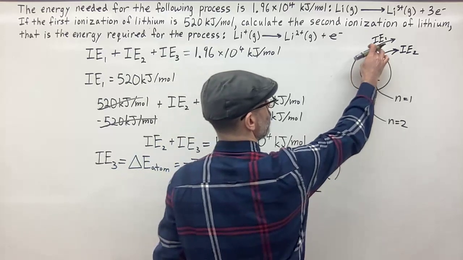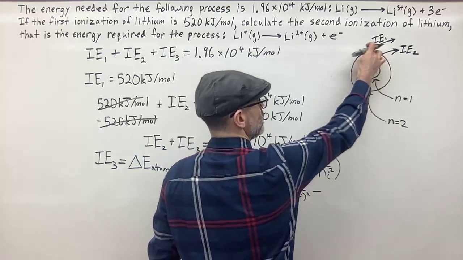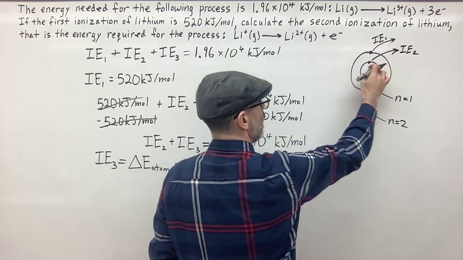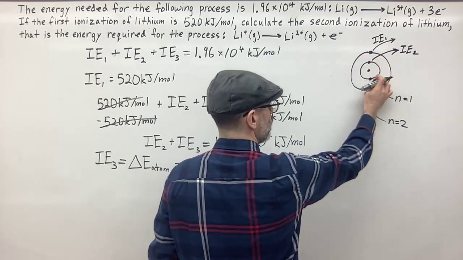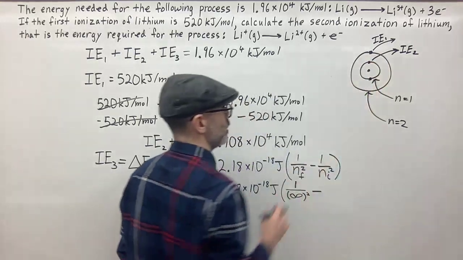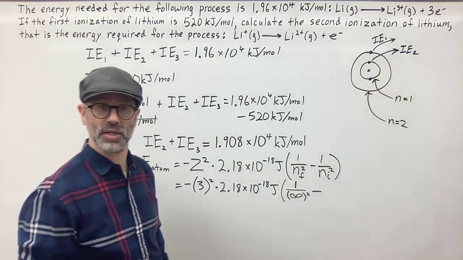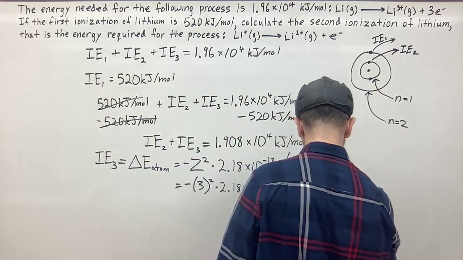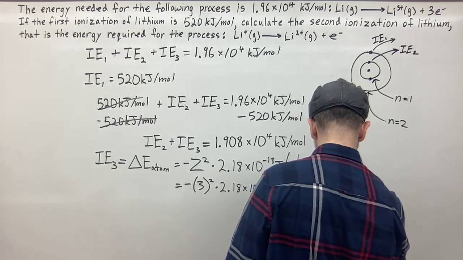Because we removed the first electron here, this electron was from the outermost energy level, so we remove 1 there. And then we go down to n equals 1 and remove the second electron from there. And then the third electron is removed from the n equals 1 level as well. So this is going to be 1 over 1 squared.